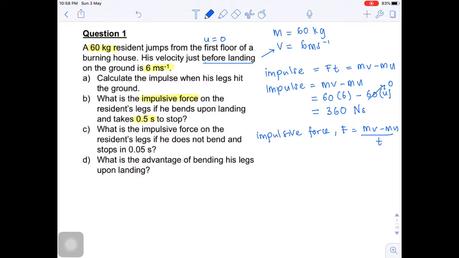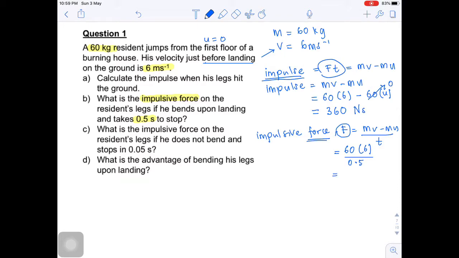Any name that ends with force, impulsive force, the symbol is F, while impulse is Ft, and impulsive force is F. Okay, so the mass given is 60 kg, the final velocity is 6, and the time taken is 0.5 seconds.